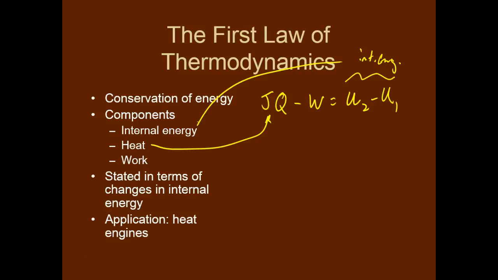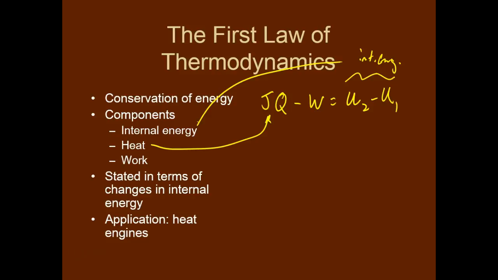And then W is the work. So if you're combusting something, burning something, you're adding heat, but you're also doing work with that heat, so subtract off that energy, and that creates the difference, a change of internal energy. If this was a super efficient system, then U1 and U2 would be really close to each other.